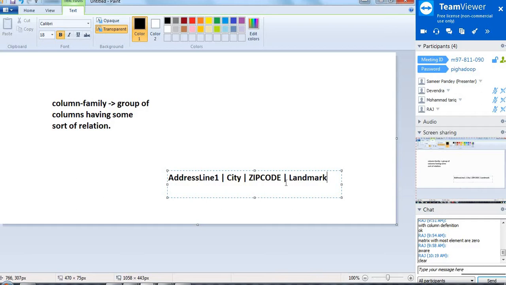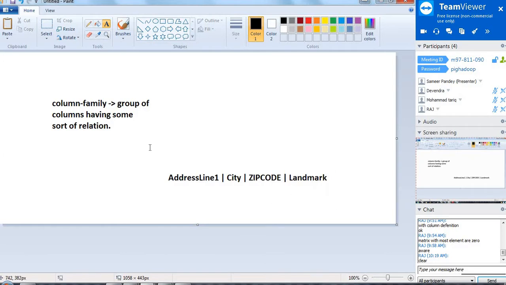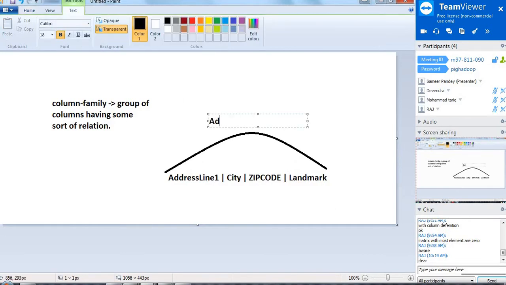Now the next thing: what is column family saying? Column family says, instead of creating so many columns, why can't we have a single column for these four? We will call that column address. Please note this concept, because when an interviewer is really interested in understanding your basic concept, if you use this kind of example, they will be really impressed.